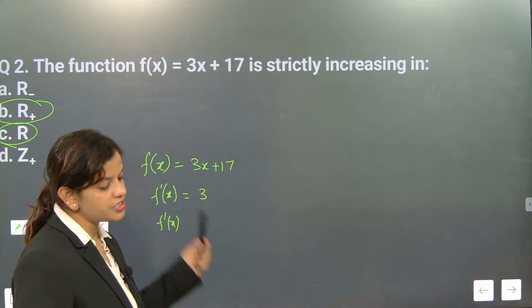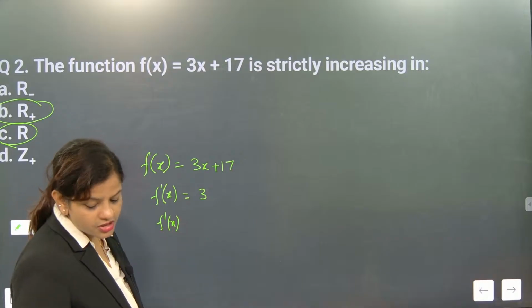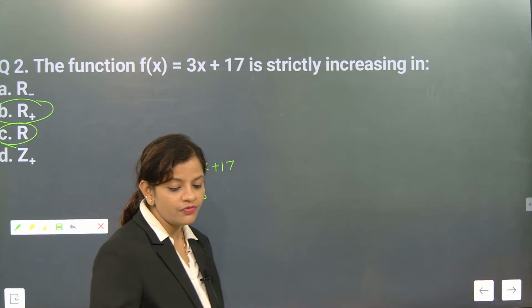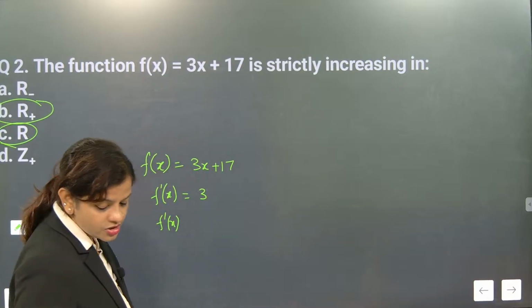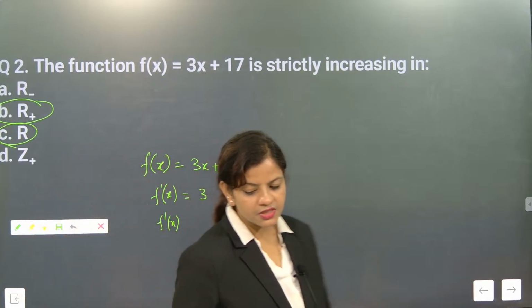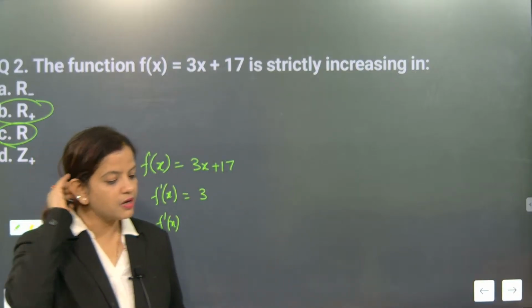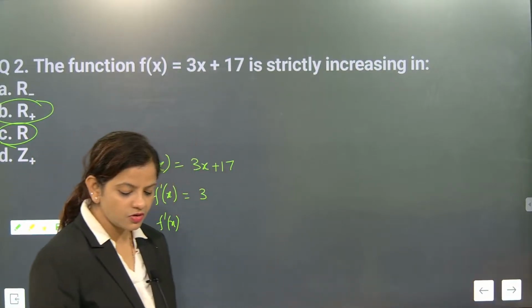After differentiation, it is greater than 0. So since it is coming greater than 0, what will be the correct answer? It will be the set of real numbers. Watson, check this one out. What you are telling, this is exactly one thing. You please understand here, the B part will not be the answer. Why is B not the answer?